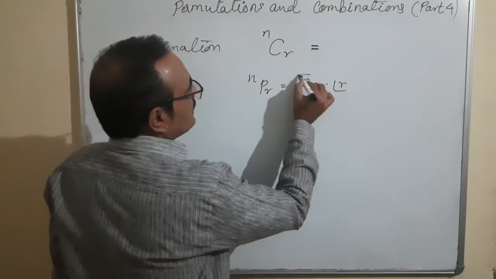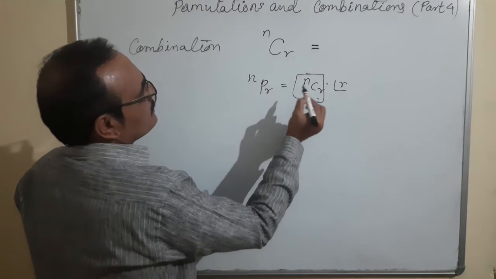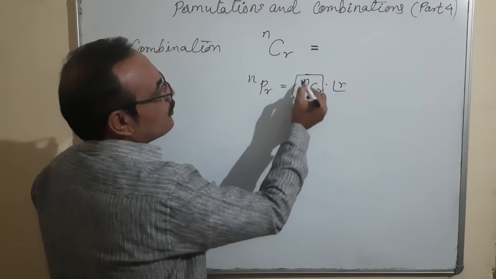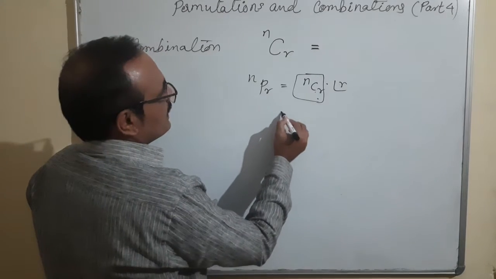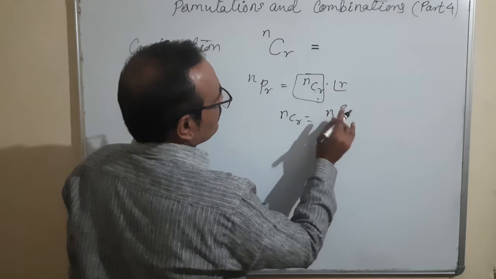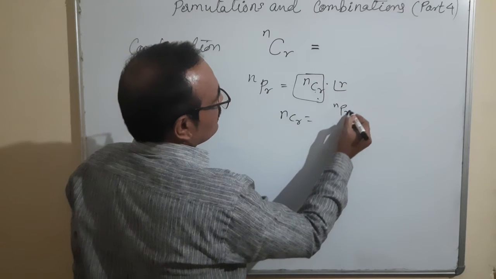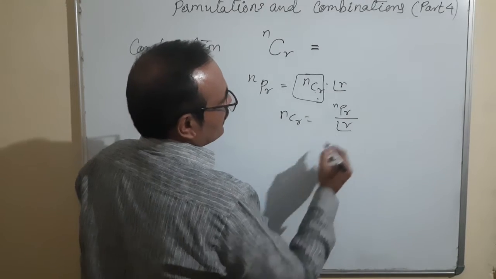So what does nCr mean? This is combination. So that means nCr is equal to nPr upon factorial r.